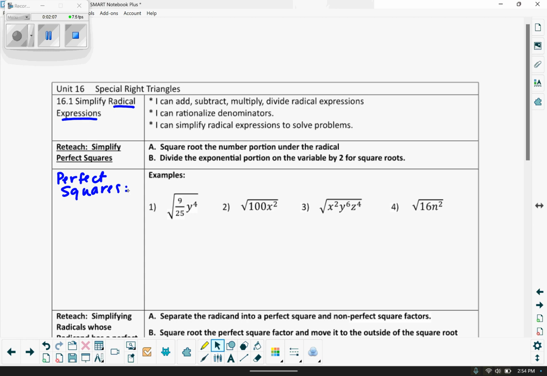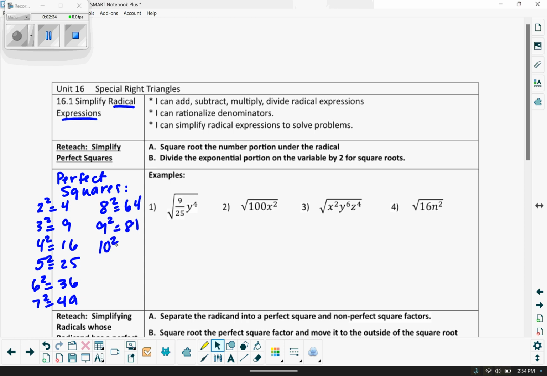Our perfect squares are things such as, well, 1 times 1 is 1, so that doesn't really count. 2 squared is 4. 3 squared is 9. 4 squared is 16. 5 squared is 25. 6 squared is 36. 7 squared is 49. 8 squared is 64. 9 squared is 81. 10 squared is 100. 11 squared is 121.